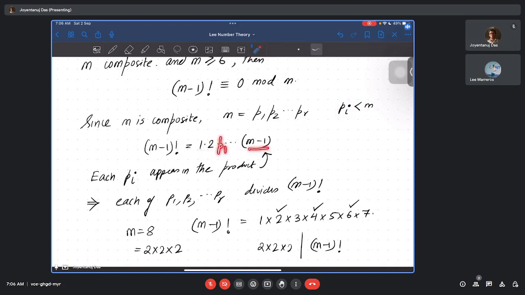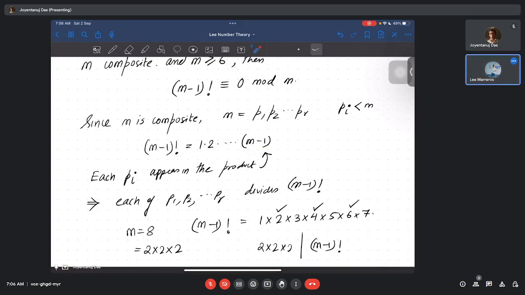So p1 lies inside the product. Since n is composite, each is less than n. Okay, so you're saying all the pr are within the factorial. Right.